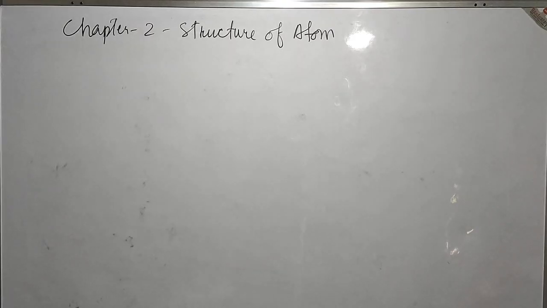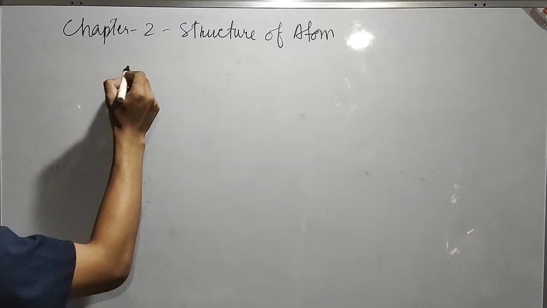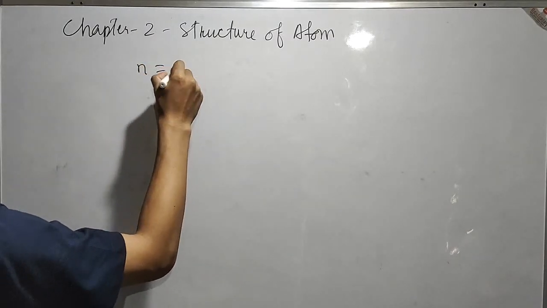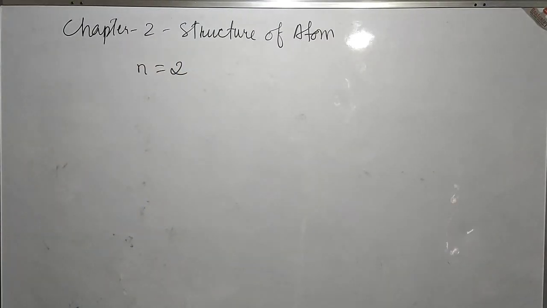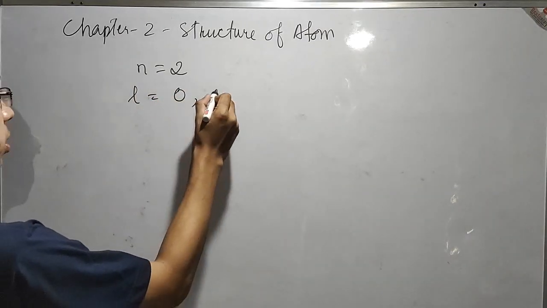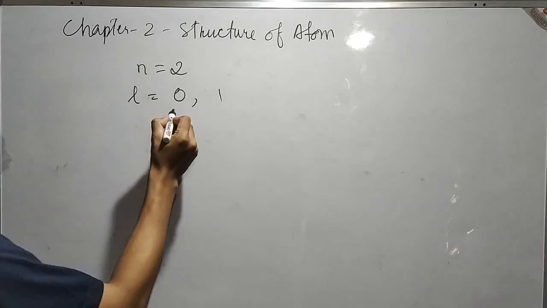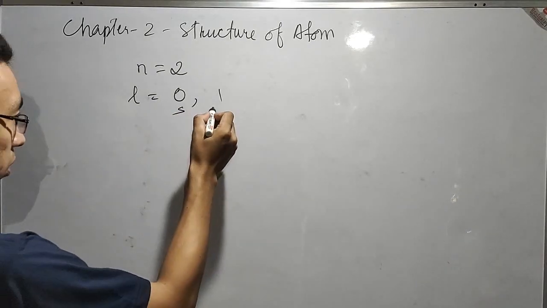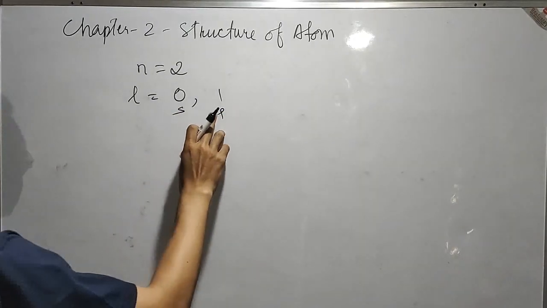Now let us see a combination of all the 4 quantum numbers. Let's take an example. If n is equal to 2, which refers to the second shell, then L can have 0 as well as 1. Here 0 refers to the s orbital, 1 refers to the p orbital or p subshell.